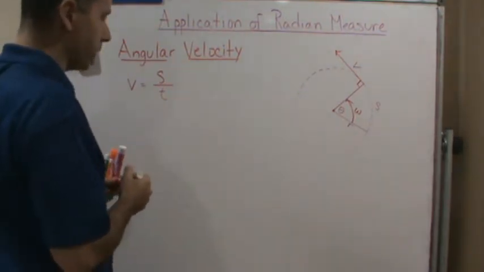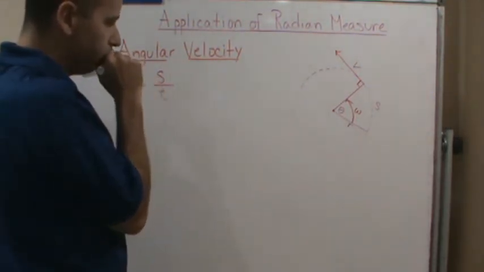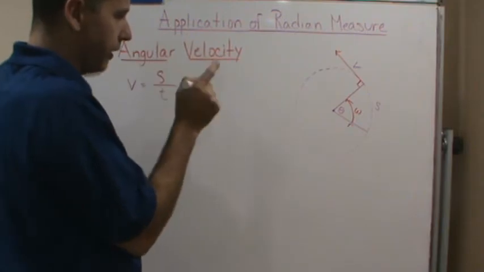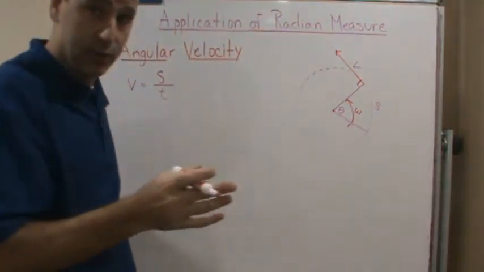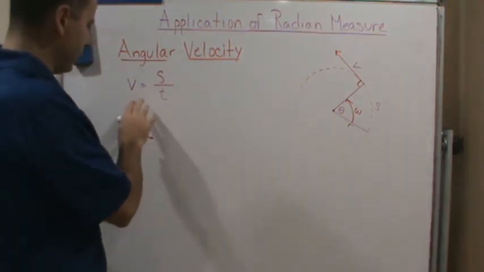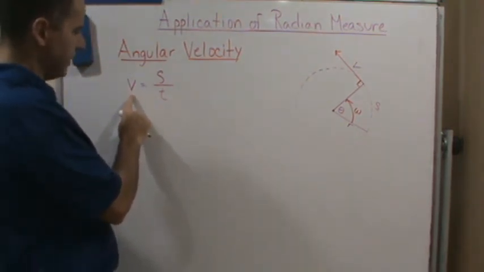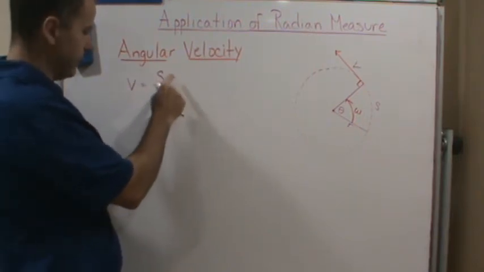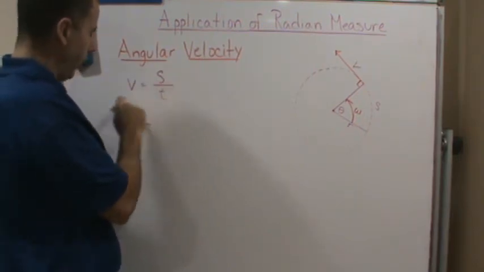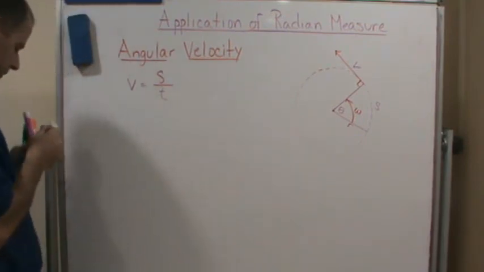We're going to start with arc length, so distance. Think of what this is. The velocity is going to be distance over time. So this is linear velocity.